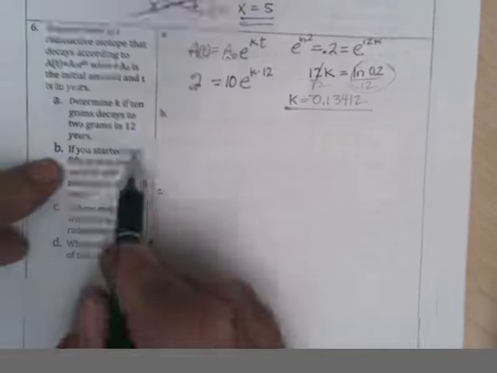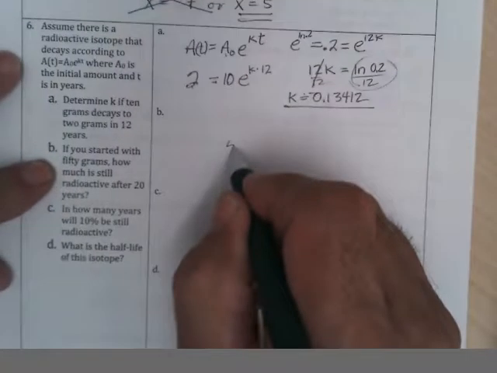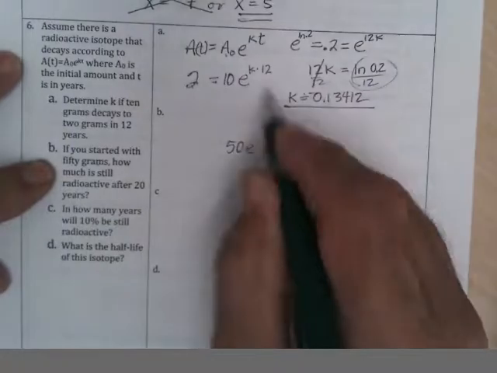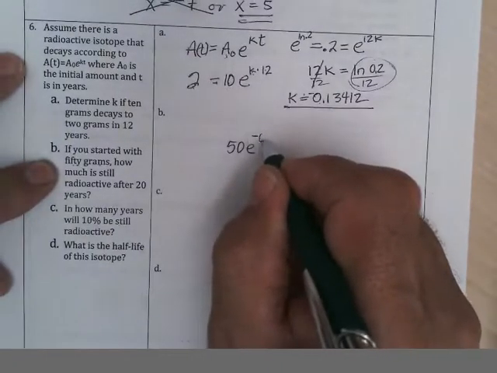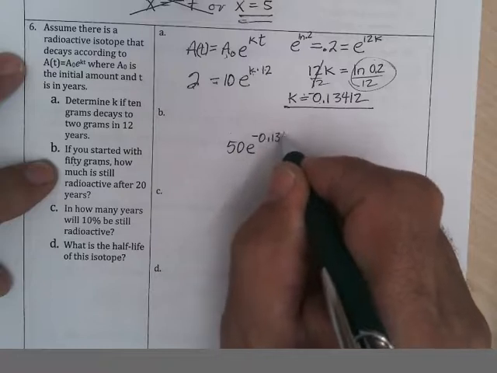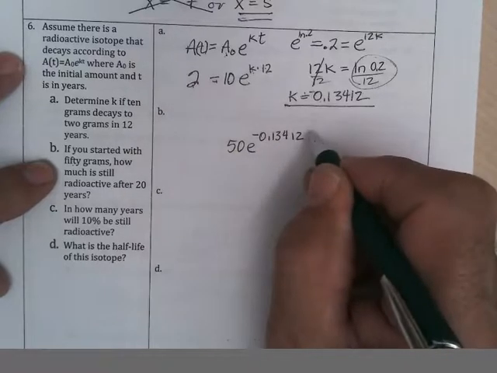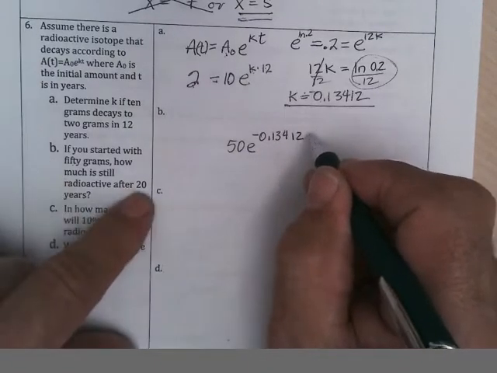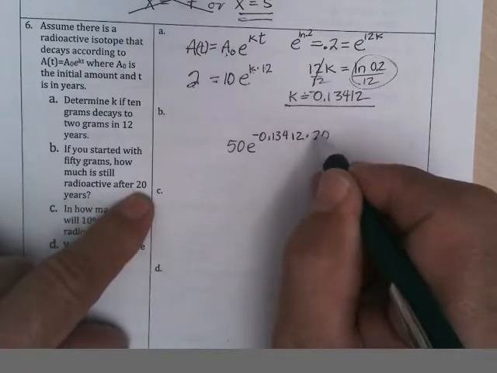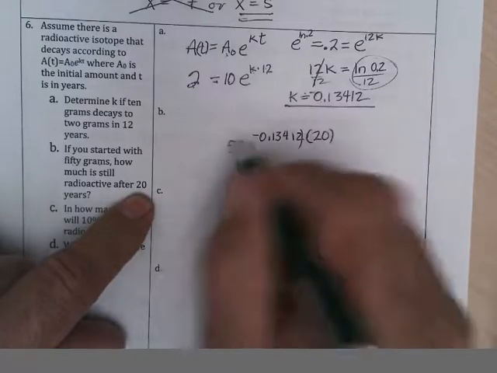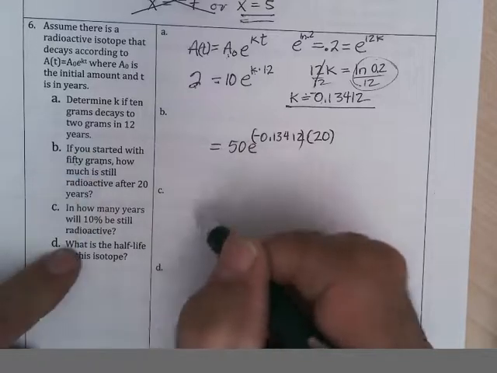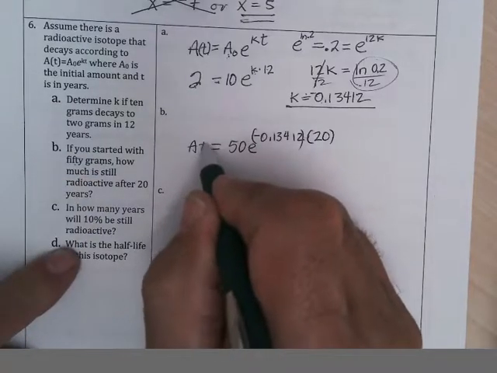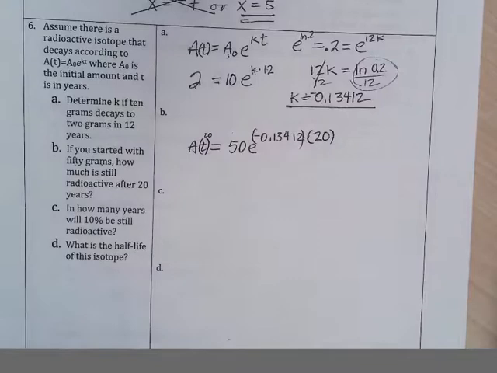So now it says, what if you started with 50 grams? Okay, so we got a new starting amount, 50. The k is going to be the same because it's the same isotope, negative 0.13412, after 20 years, times 20, equals the amount there would be left, and we're supposed to find out how much is left after that time, after 20.